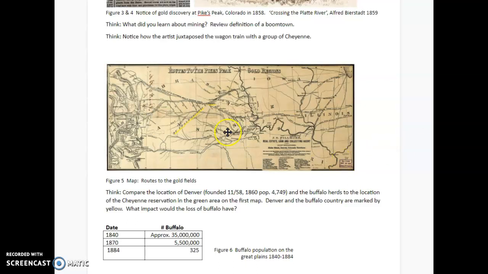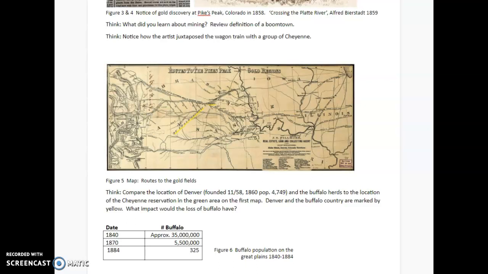And I'm going to use my cursor here. You can see that this says buffalo country, so there's a big concentration of buffalo here, and this little bit of yellow up here is where Denver is, right about there. Denver was founded in November of 1858 because of this gold rush.